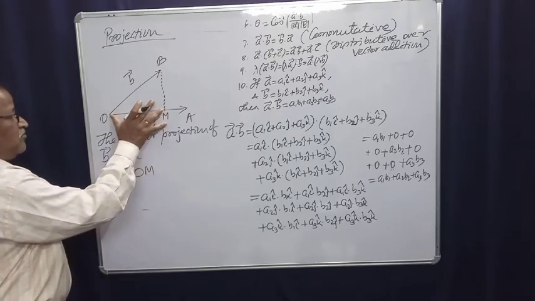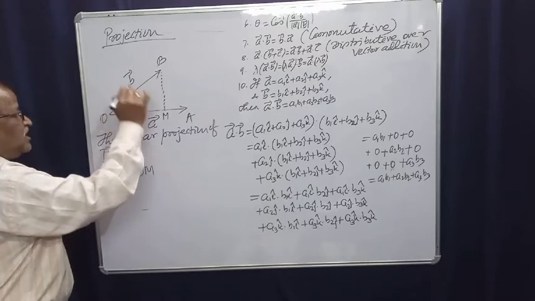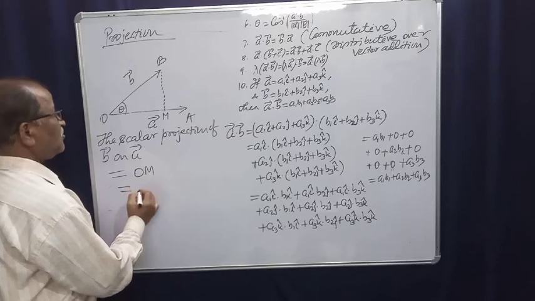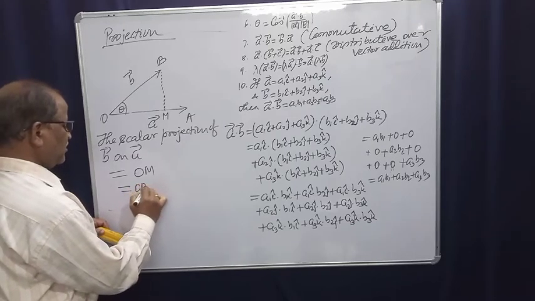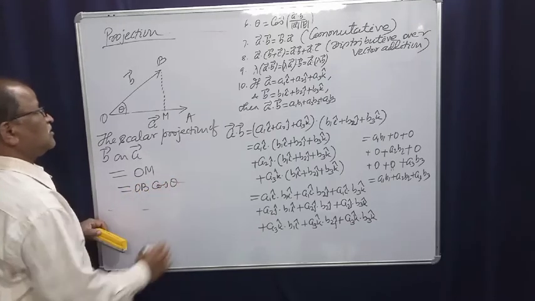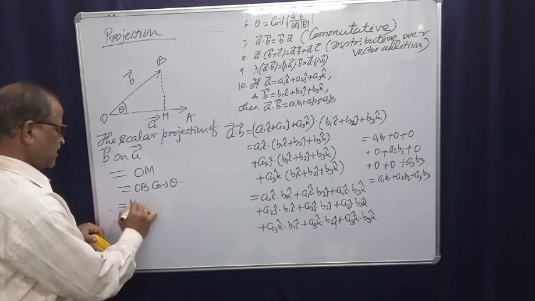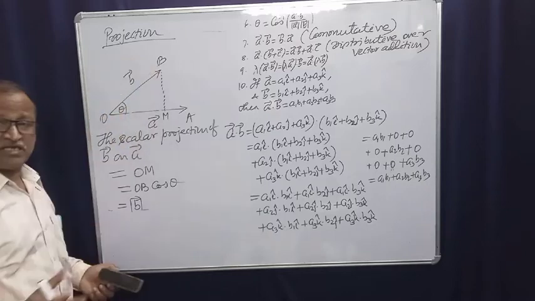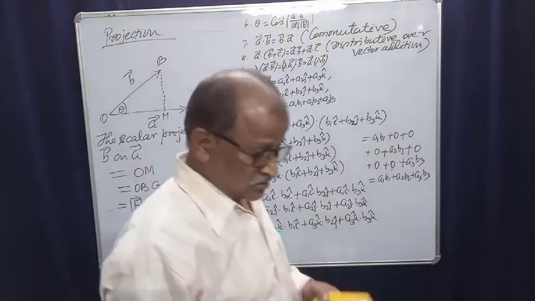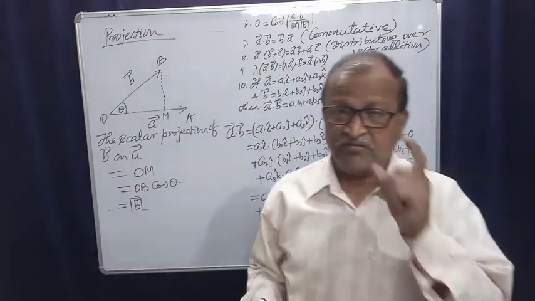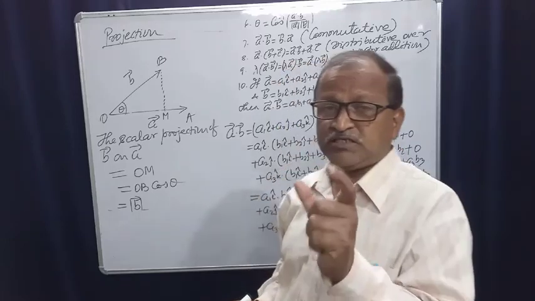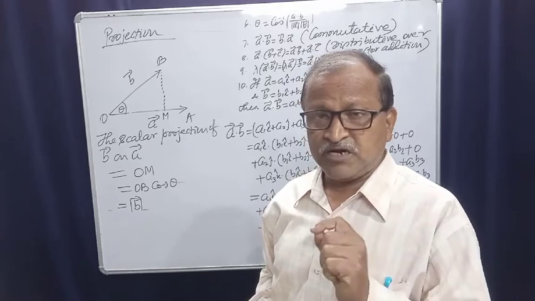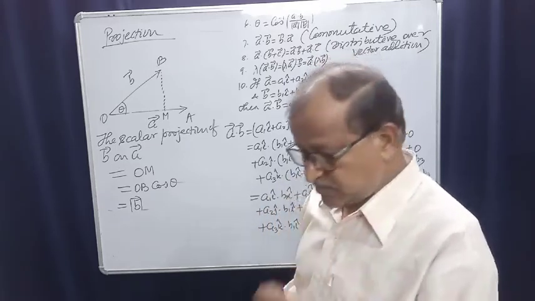What is OM? Suppose this angle is theta, the inclination is theta. OM is OB cos theta. What is OB? OB, the length of the line segment. We have already discussed that a vector is always represented by a directed line segment.